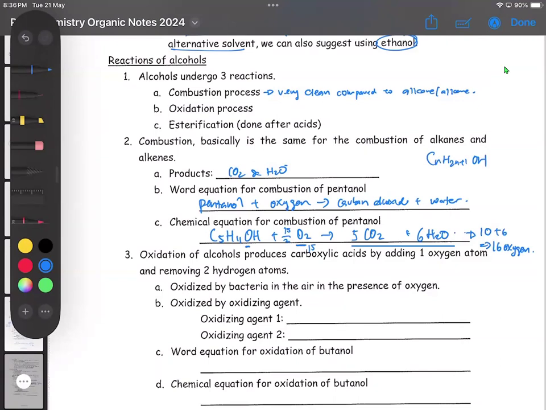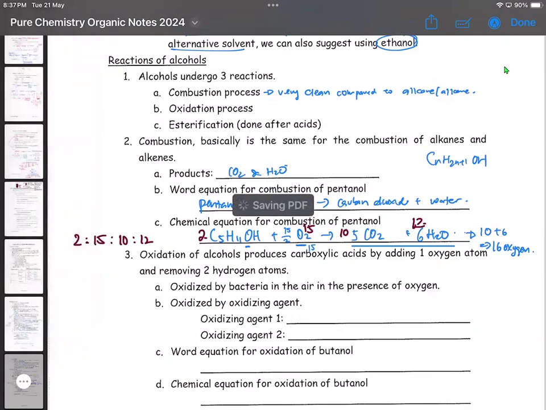After multiplying everything by 2, I will get 2, 15, 10, and 12. This is the actual balanced equation. So the mole ratio is 2:15:10:12. That's the mole ratio, and that's how we will balance it.